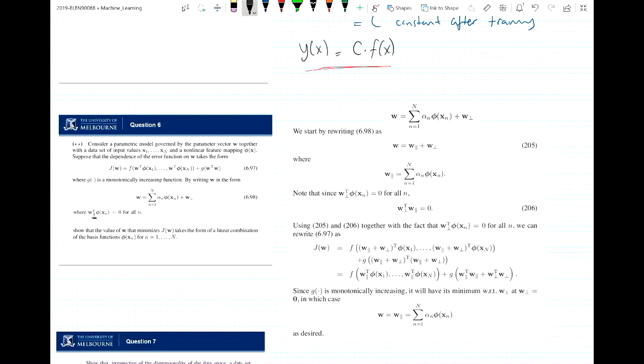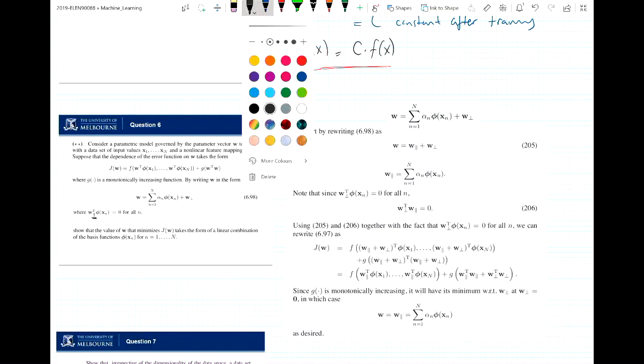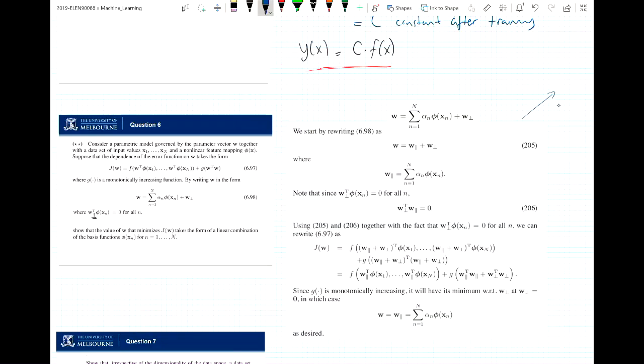So we have a kind of linear space, and then the null space. The orthogonal ones are in the null space of that linear space, and the linear space is spanned by the feature vectors, by the data points and features of the data points, phi of x's. I don't know how we would visualize it. Maybe this is for example phi of x1, and this would be phi of x2.